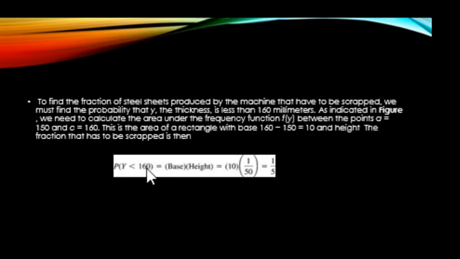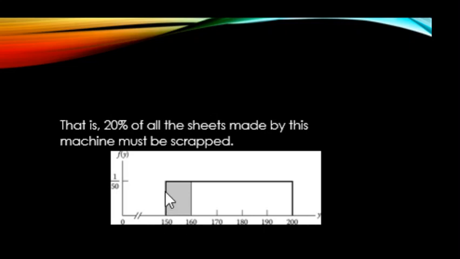So the probability of y less than 160: the base is from 150 to 160, those are the values which will be true for less than 160, and the height is 1 over 50, that's 1 over b minus a. And that is 1/5. So if you look at this, this is 1/5 of the area. So 1/5, or 20%, of the steel sheets made by this machine must be scrapped, and this is the remaining 80% of the area.